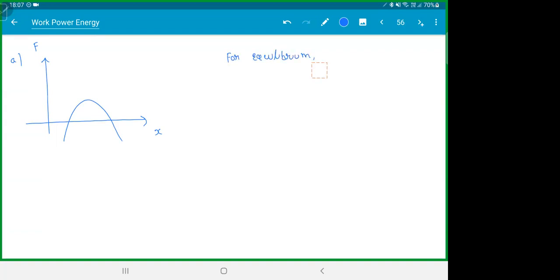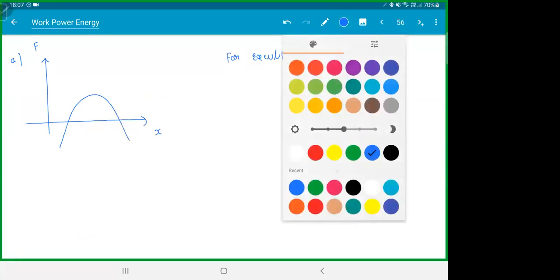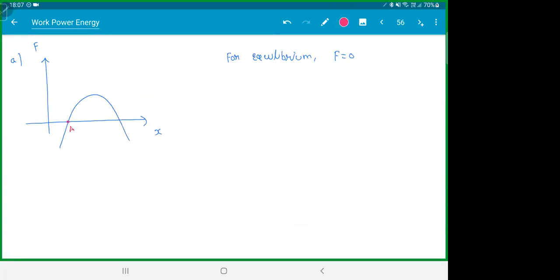For equilibrium, F should be 0. So here, force at A and force at C is 0. Force at B is not 0. So B is not equilibrium in the first place.